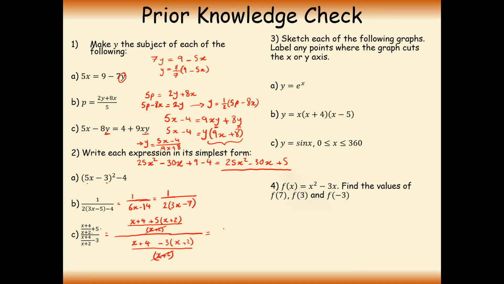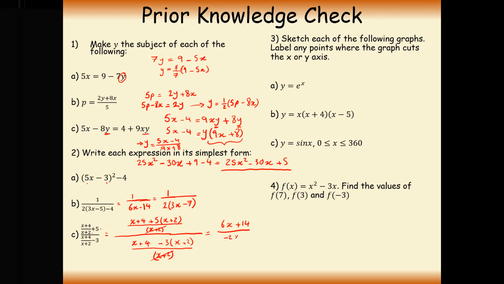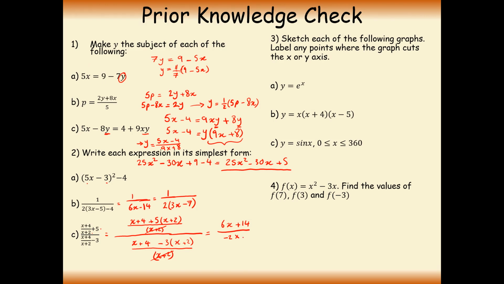We'll be left with 6x plus 14 on the top and minus 2x minus 4 minus 6, which is minus 2x minus 10, at the bottom. We could factorize 2 out of the top and the bottom, with 3x plus 7, and factorizing a negative 2 at the bottom will leave us with x plus 1.